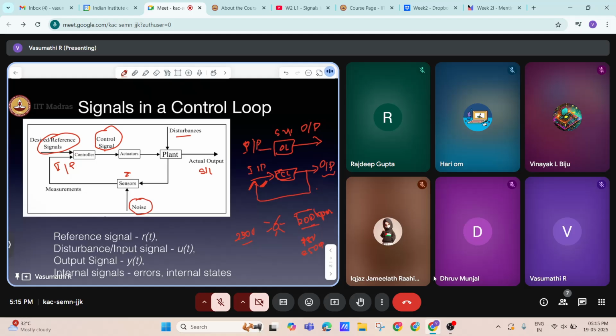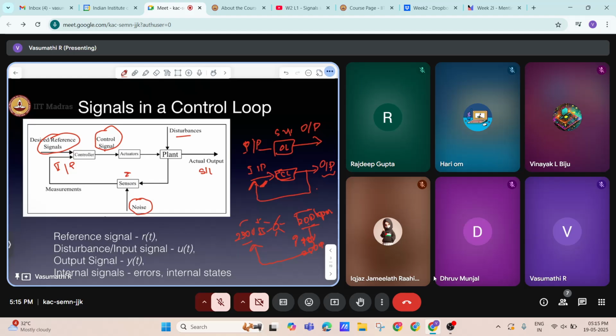It's a mechanical system, so we cannot expect it to work ideally based on our mathematical equations, right? So in order to look for these deviations from our desired output to the actual output, we take this as feedback and give it back to the control system, where the control system will see how much we are going to change the input so that I will get the desired response.